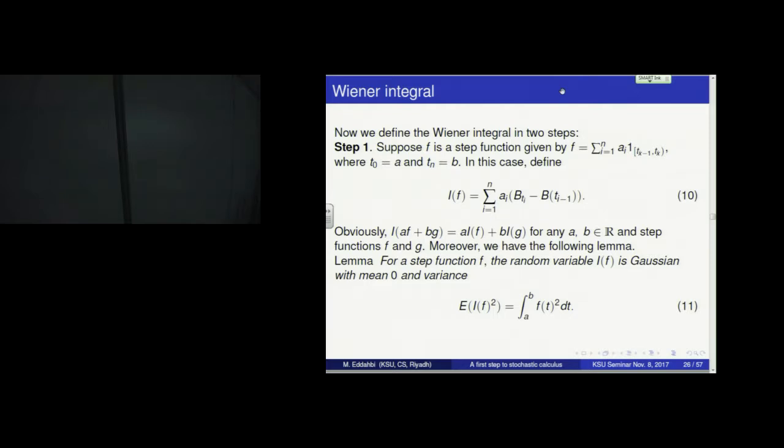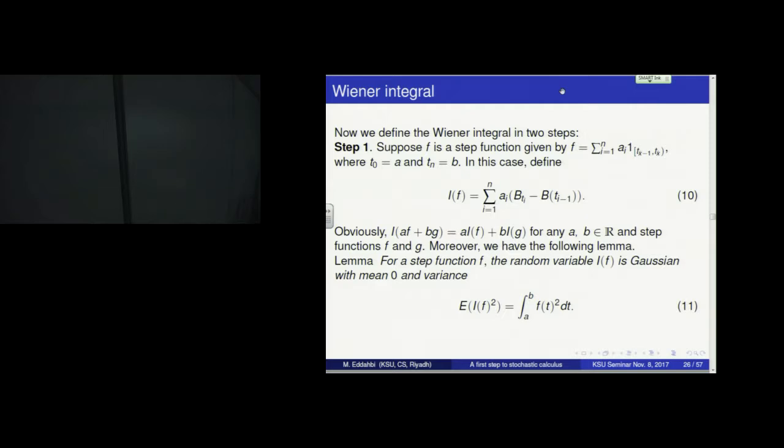I will define this integral by this summation, from 1 to n of a_i times the difference of the B, with the indicator function.